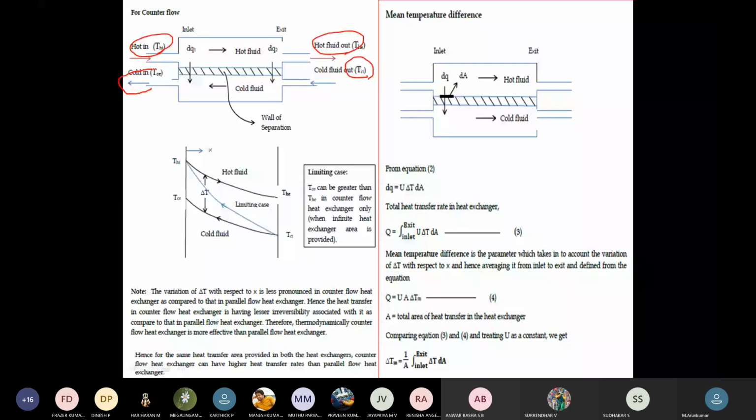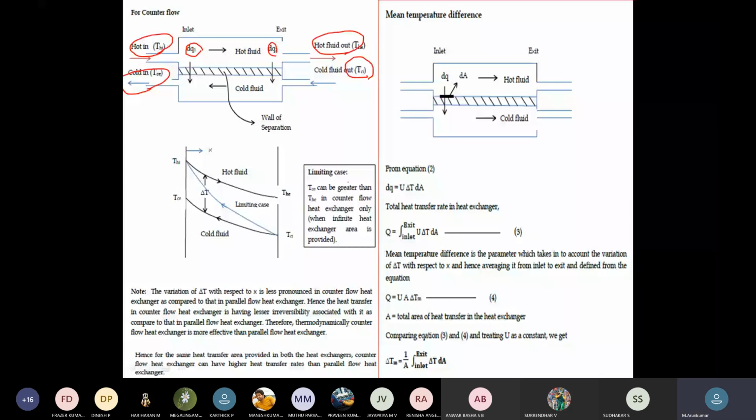As in the previous case, dq1 and dq2 will differ on both sides. So this is the temperature profile of the counterflow heat exchanger.